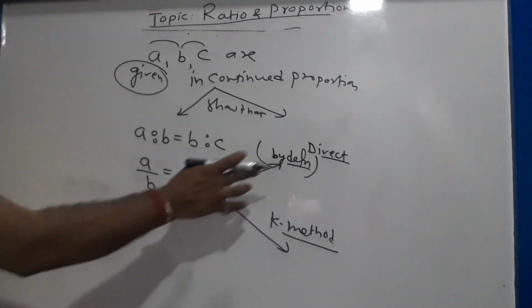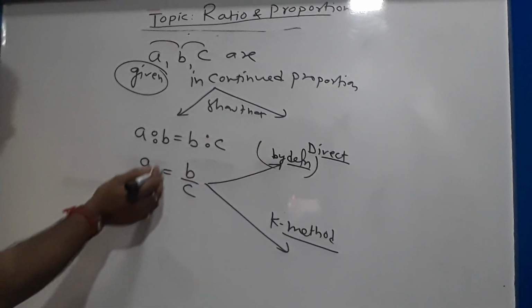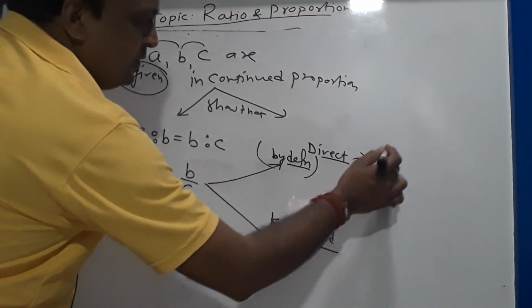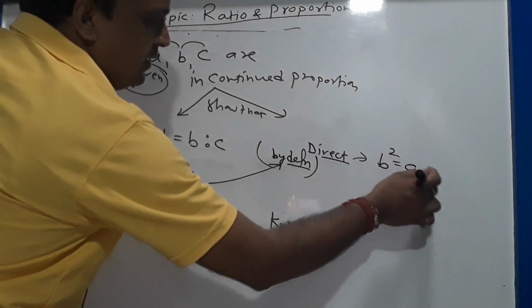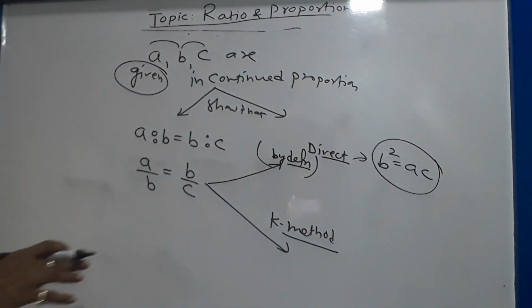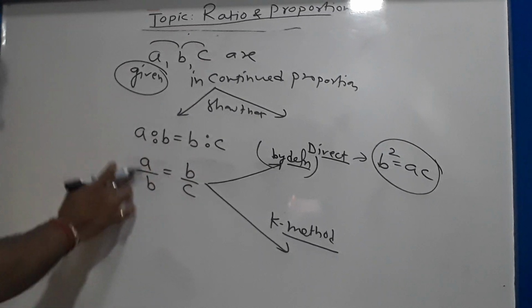In the direct method, what do we do? After writing this step, cross multiply. What will you get? In the direct method, we write B square is equal to AC. In the K method, what do we do? We take each ratio.